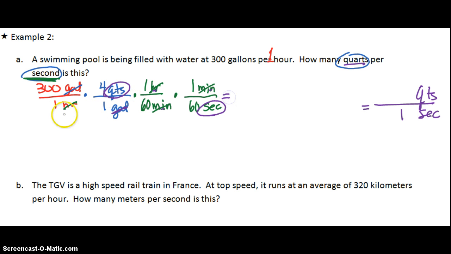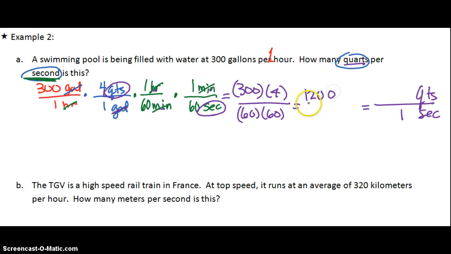So now, since I've canceled out my units that I did not want, I'm ready to do the math. 300 times 4 times 1, which is of course not going to change its value. Then 1 times 1 times 60 times 60. So the math that I'm having to do here is 1200 divided by 3600, which simplifies.